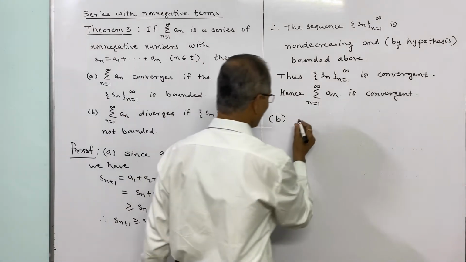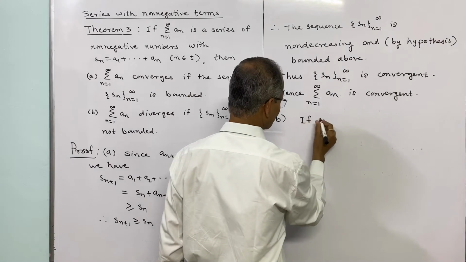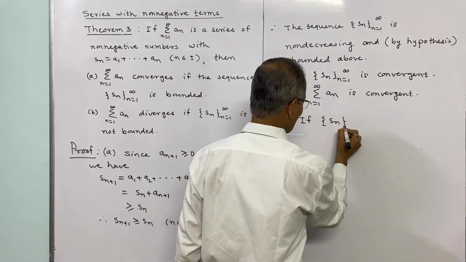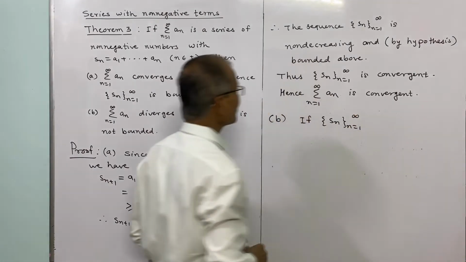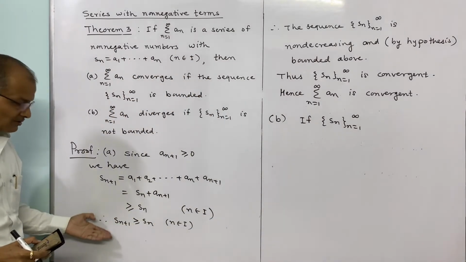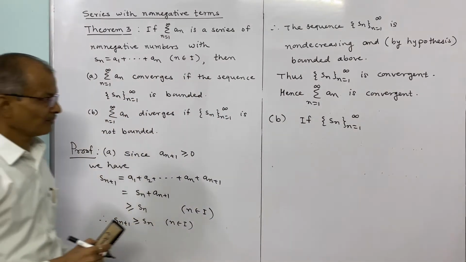If Sn is not bounded, then it is already non-decreasing. We have shown here it is non-decreasing and not bounded.